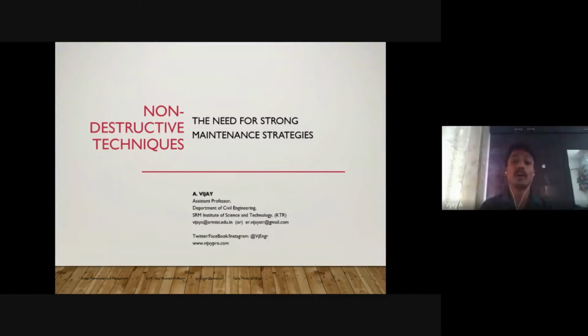And the main objective is that you are not going to alter any of the structural configurations or systems. That is the main objective of NDT.